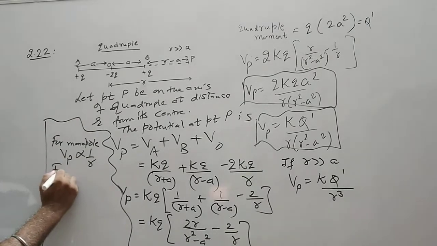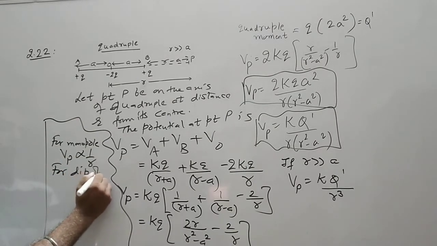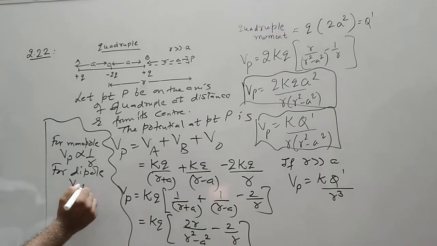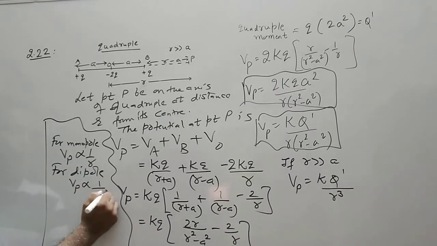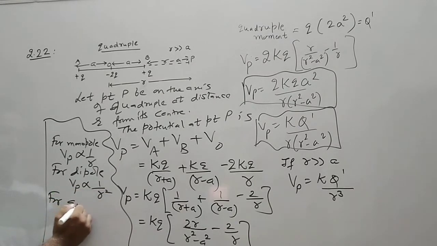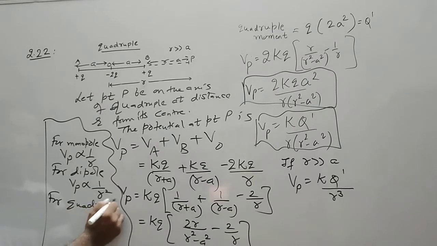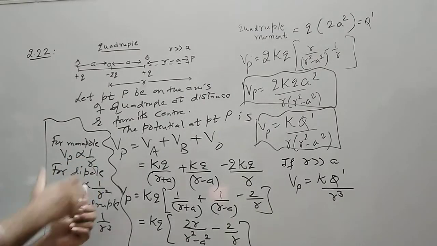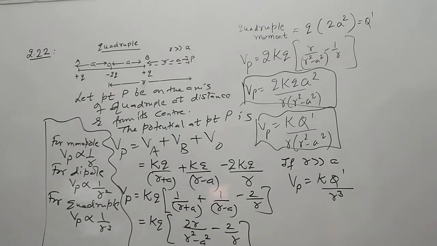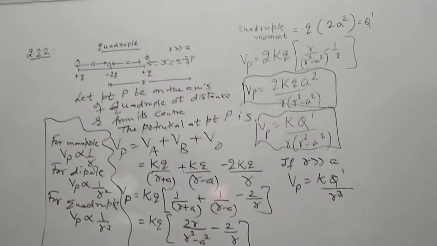For dipole, if you remember the formula for a dipole, it was Kp cos theta upon r square, so 1 upon r square. And when we come to quadrupole, then Vp is inversely proportional to the cube of r. So this is the comparison between monopole, dipoles, and quadrupole.